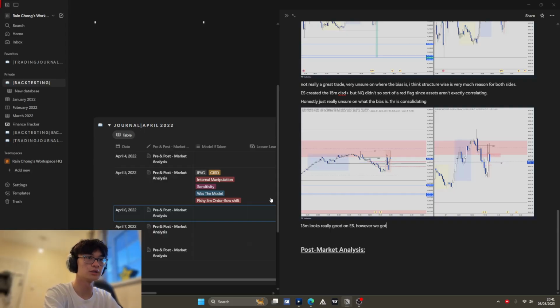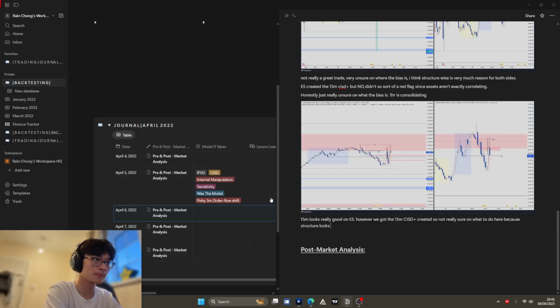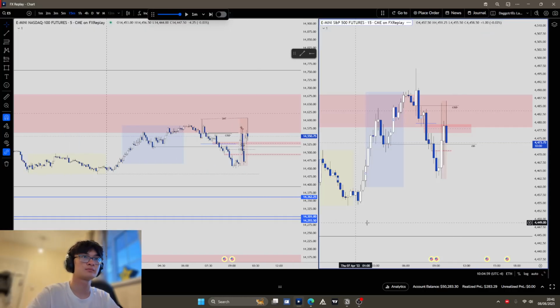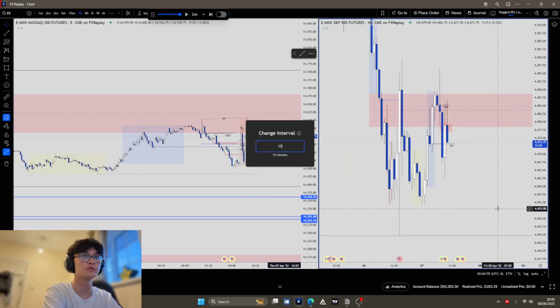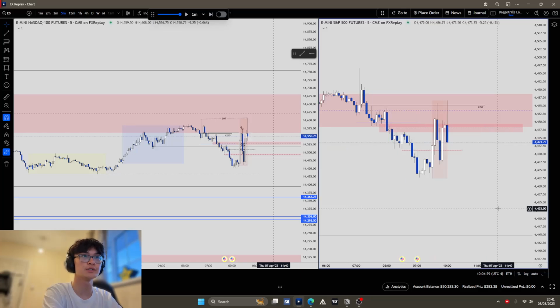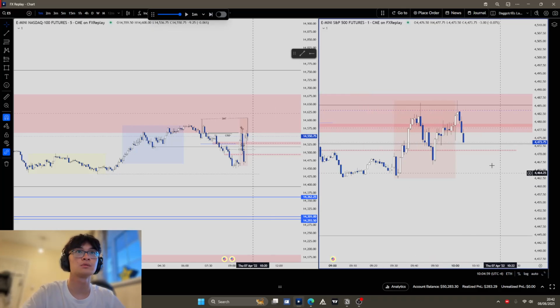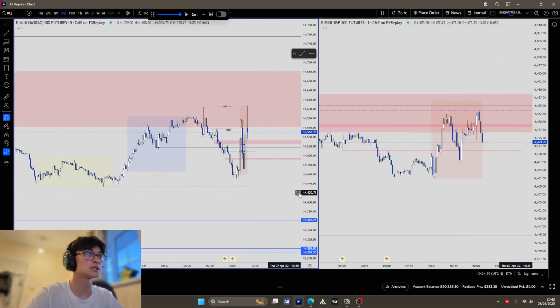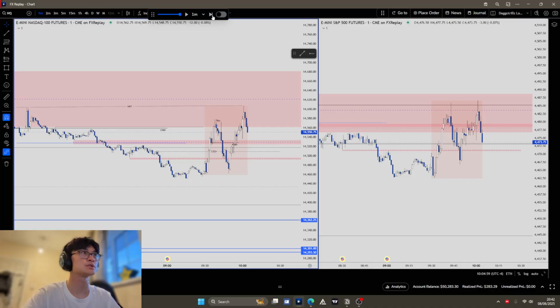However, we got 15 minutes CISD created, so I'm not really sure what to do here. Hourly fair value gap, 15-minute change, 5-minute change, but 1-minute model to the downside. So probably don't want to trade here. Just let it go.